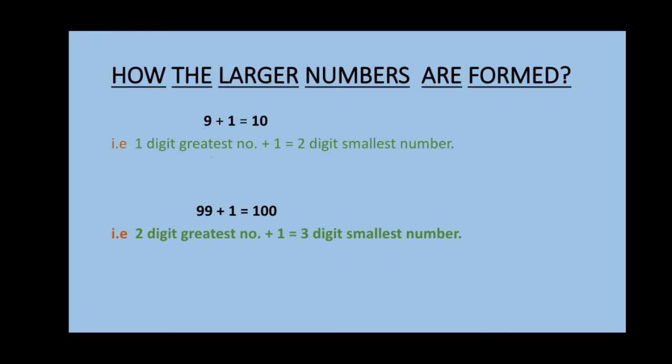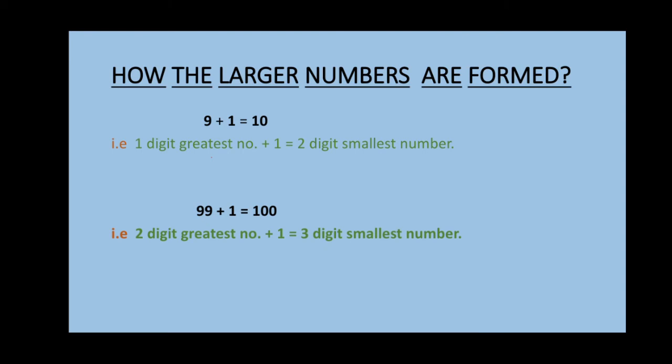Now again on the next pattern, we have taken a 6-digit greatest number, and when we add 1 to it we get a 7-digit smallest number, that is 10 lakh. Now on the next pattern, when we take a 7-digit greatest number and add 1 to it we get an 8-digit smallest number, and that is 1 crore.